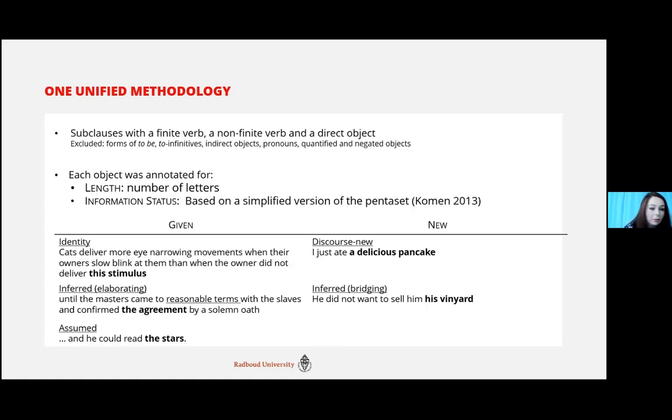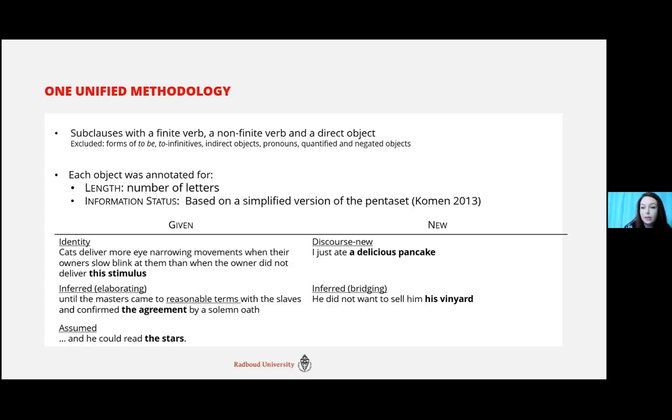So we have an example of an identity. Cats deliver more eye-narrowing movements when their owners slow blink at them than when the owners did not deliver the stimulus. The slow blinking stimulus has been mentioned plenty of times before in the preceding discourse. We have an elaborating inferred relationship: you have the agreement.